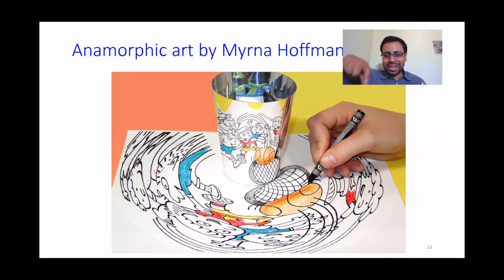Then you would make sense of this 2D drawing only when you project it onto the surface of the steel glass. Then you would see the right image. And this is nothing but the kind of perspective projection that we discussed. So if any of the artists have some interest, why not try something like this?